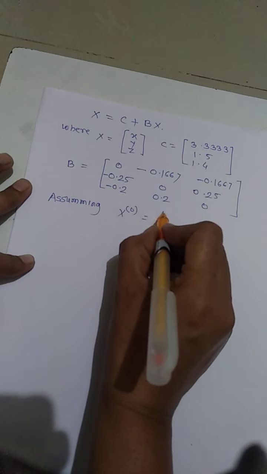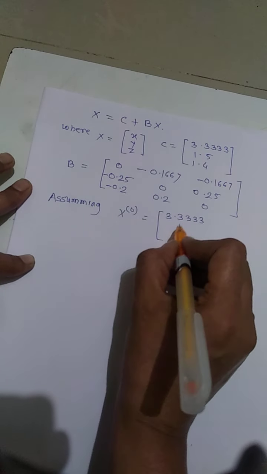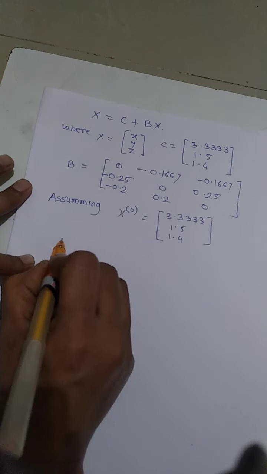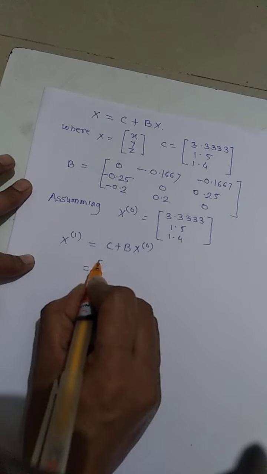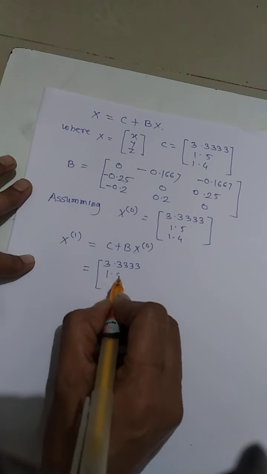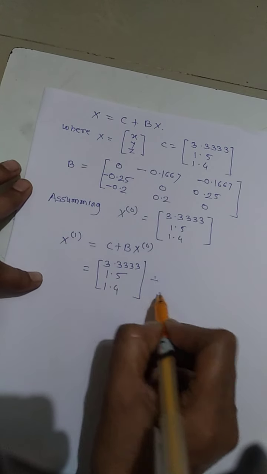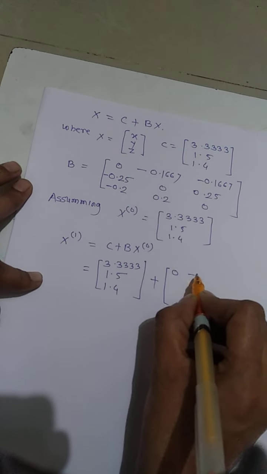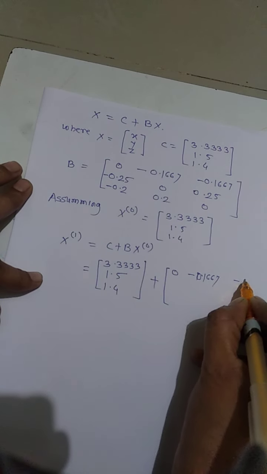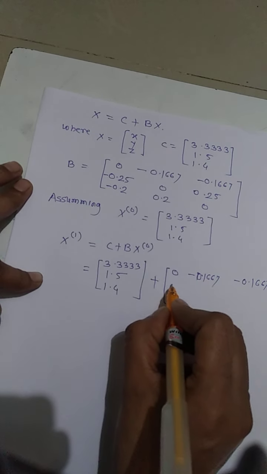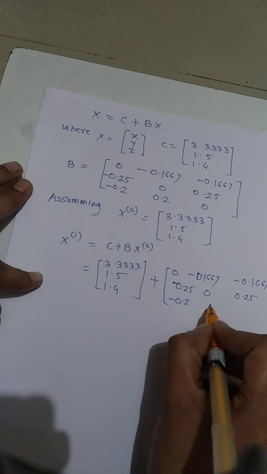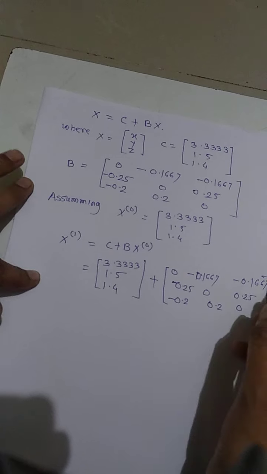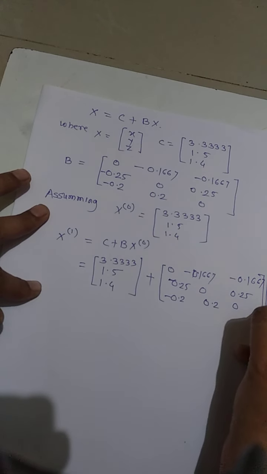Assuming x of 0 is equal to 3.3333, 1.5, 1.4, x of 1 is equal to c plus b x of 0, where c is 3.3333, 1.5, 1.4 plus b, the matrix with rows 0, minus 0.1667, minus 0.1667; minus 0.25, 0, 0.25; minus 0.2, 0.2, 0, and again x of 0 is 3.3333, 1.5, 1.4.